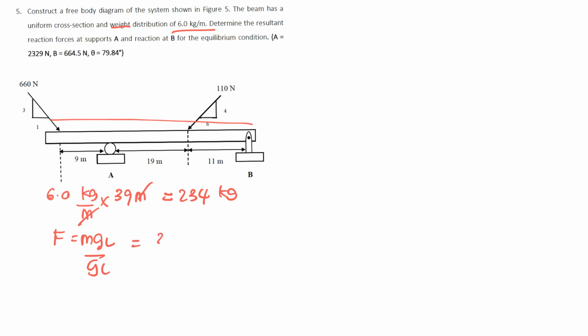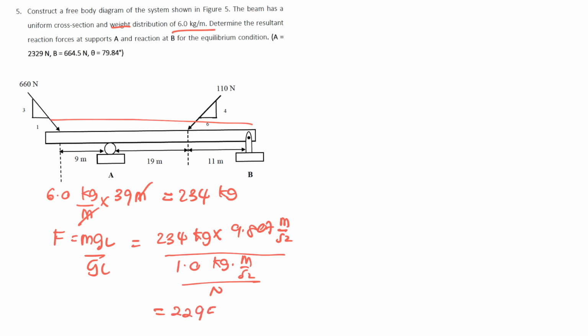So 234 kilogram multiplied with g_L, this is SI unit, so 9.807 meter per second square, over g_c, which is 1.0 kilogram meter per second square per Newton. Then you are going to get 2295 Newton.